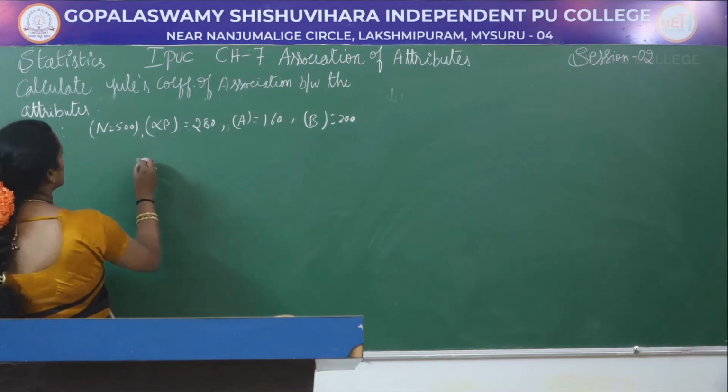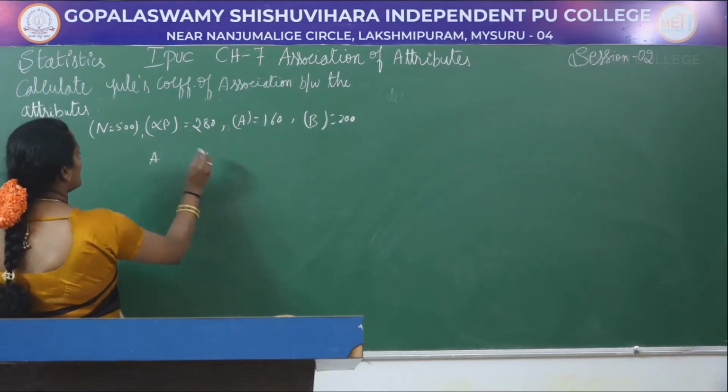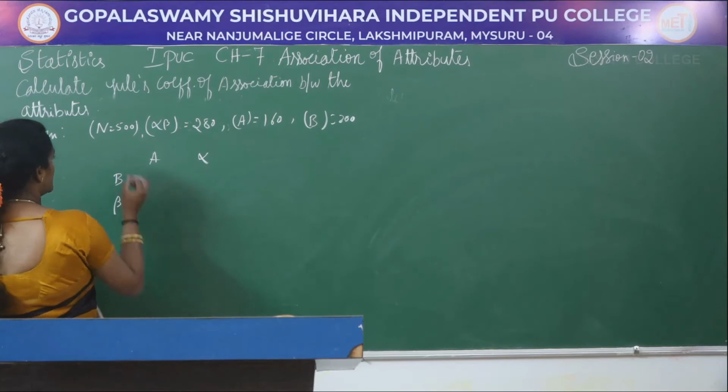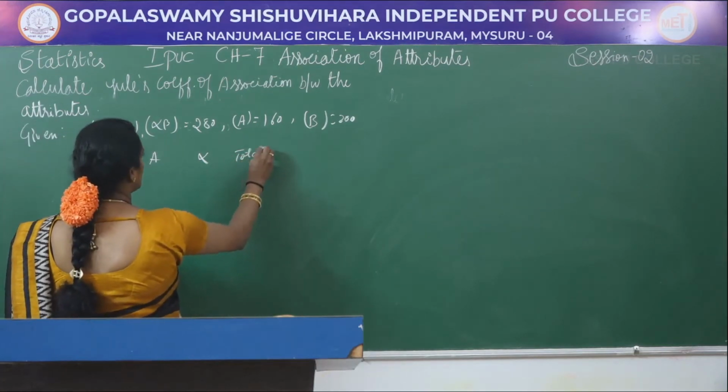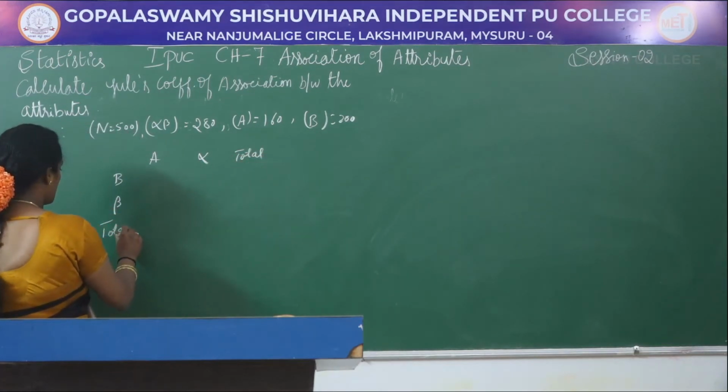First is A alpha, B beta, and here it is the total.